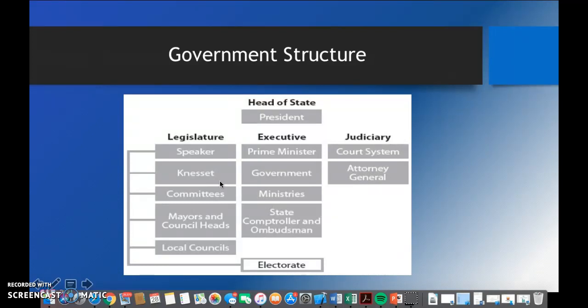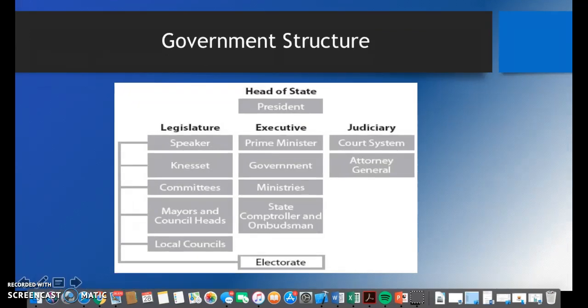The President of Israel is largely a ceremonial role, and it's not considered a part of any government branch. Their roles include signing laws and treaties, appointing the prime minister, confirming and endorsing ambassadors, and really stuff like that.